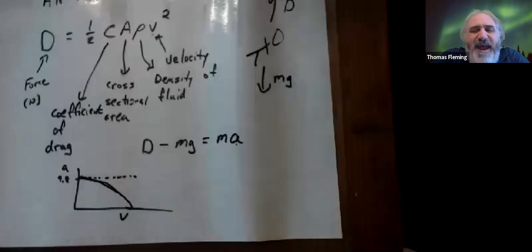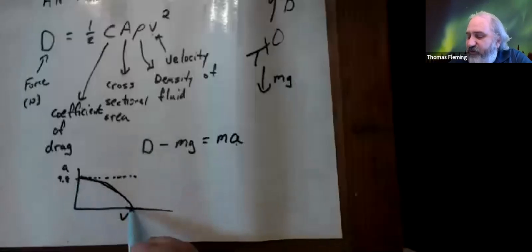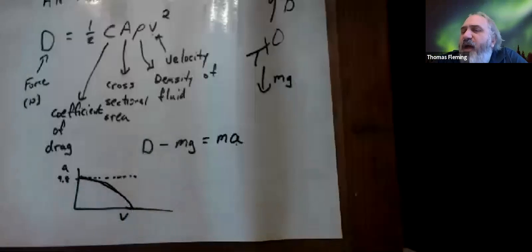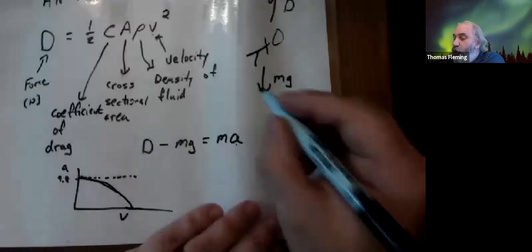Now, when that happens, when his acceleration becomes 0, well, that means his velocity stops changing. Once your acceleration gets to 0 like this, whatever velocity you've got, you're going to keep it. It's not going to change anymore. We call that terminal velocity.